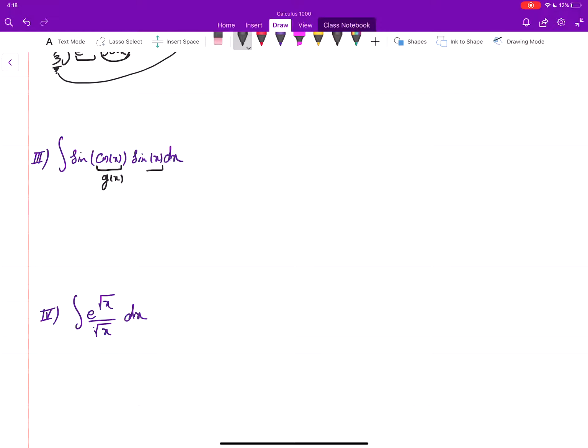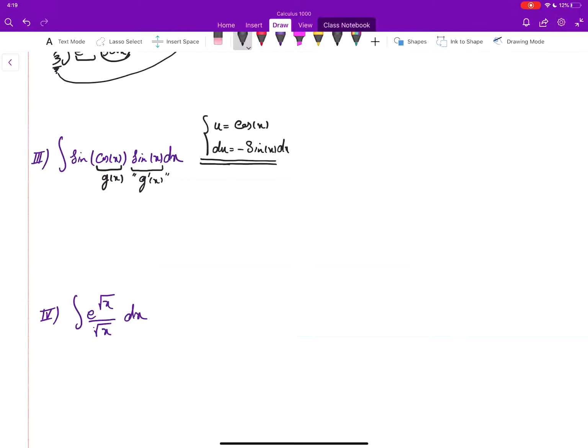Well, sine x is here, but I can multiply a negative sign there and multiply a negative sign outside, and I can get g prime, almost g prime, yes, there, and that would do the job. So let's start with this guess, meaning that I can put u to be cosine x, and du in that case is going to be negative sine x dx.